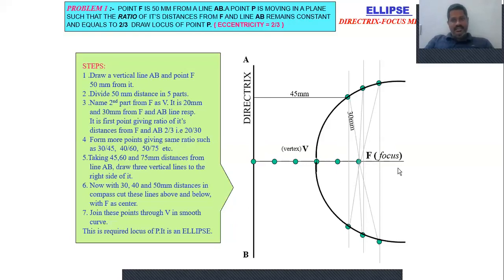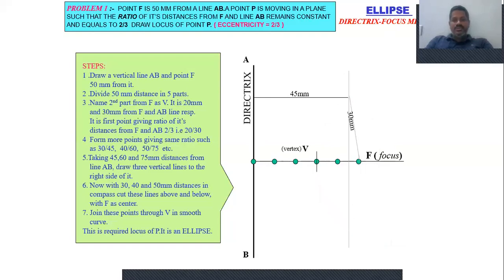In this case, the ratio is less than 1, so we will get an ellipse. Okay, so now I repeat this problem once again.